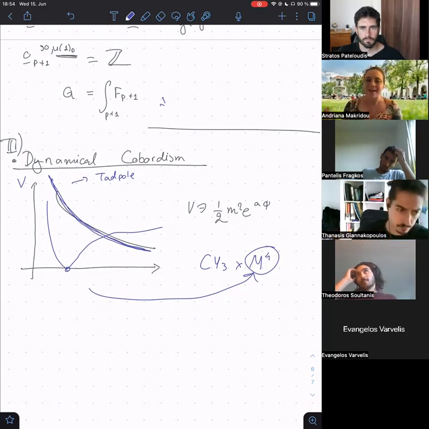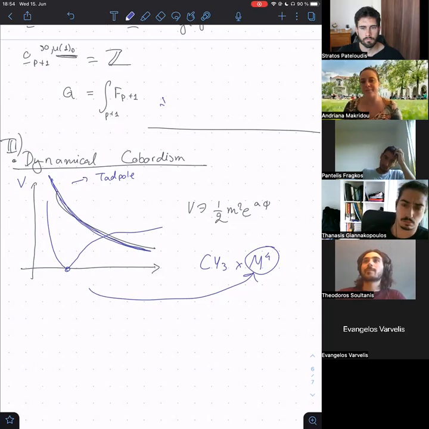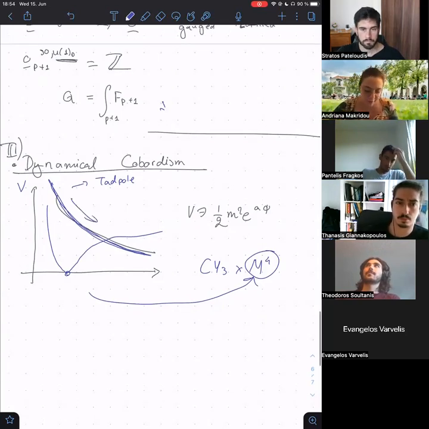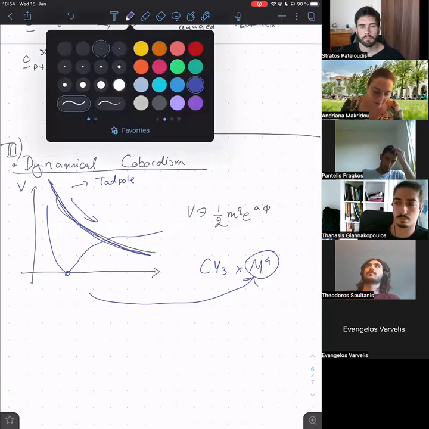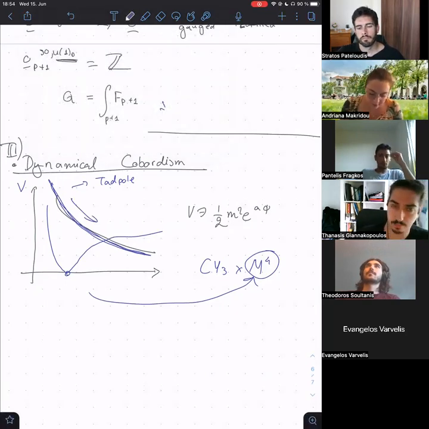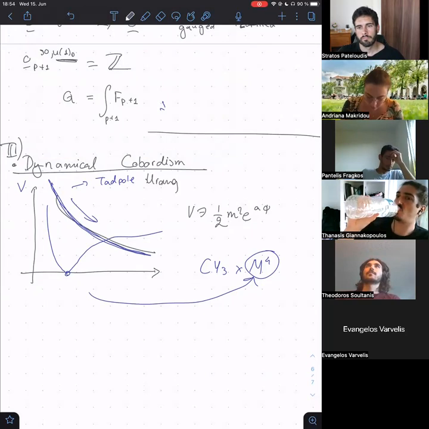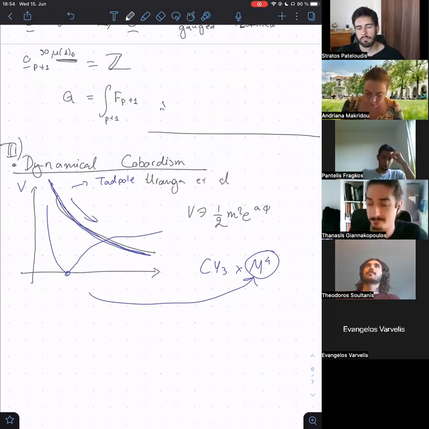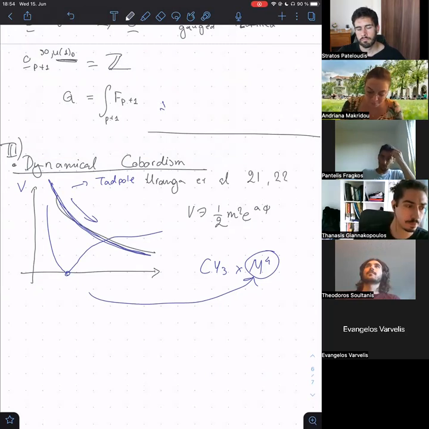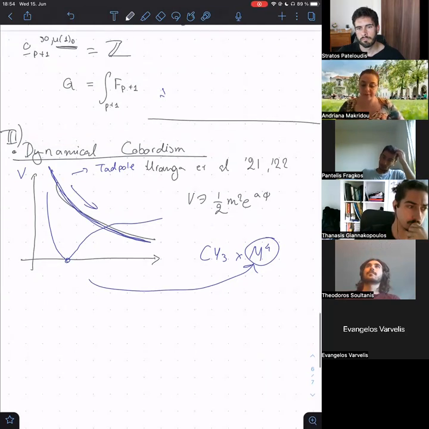What they dub a tadpole is these potentials that have this contribution that looks exponential, and they are not at a minimum. So we have some kind of running solution. And this was Uranga et al. 2021-22. There are 3 papers by the group in Madrid on this type of setups.